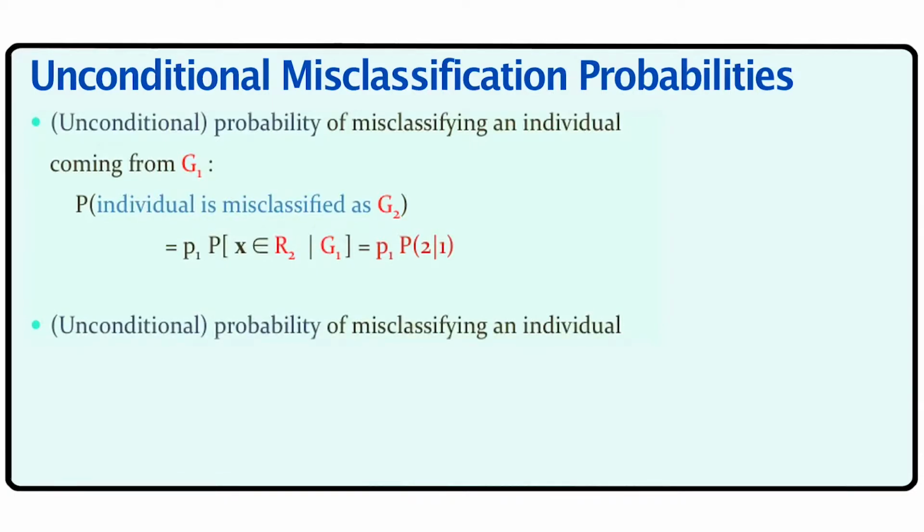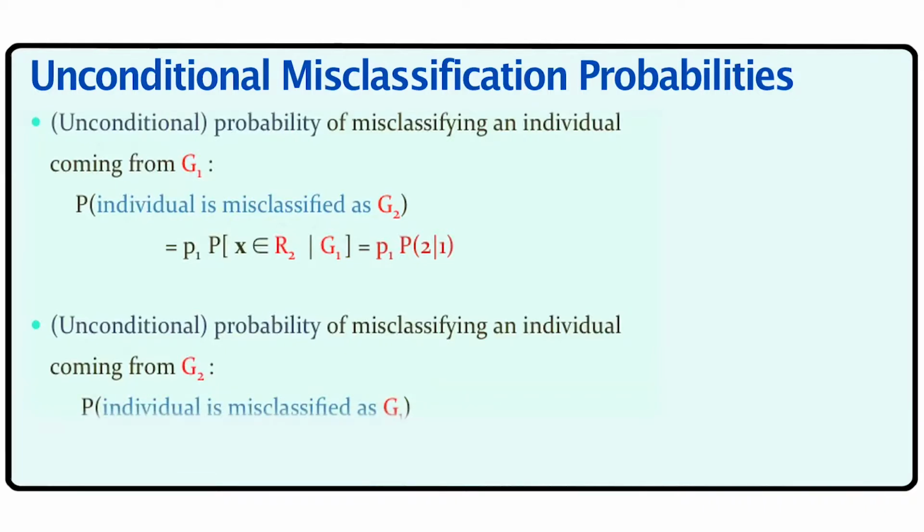As you know, you can always write the intersection of these two events as the probability of the first event, P1, times the probability of the second event given the first event, which is the probability of x falling into R2 given G1.